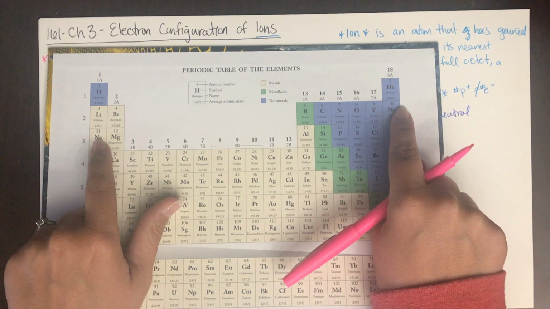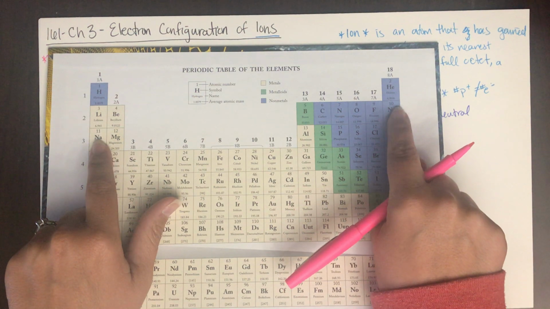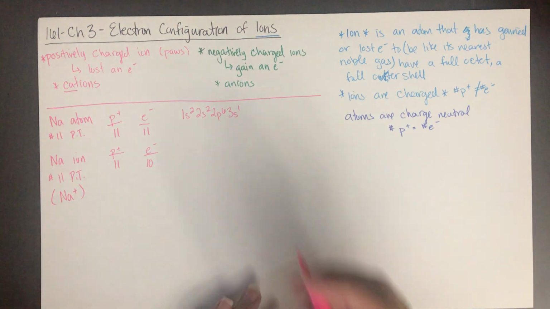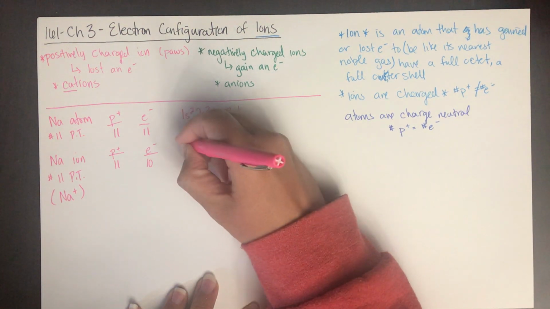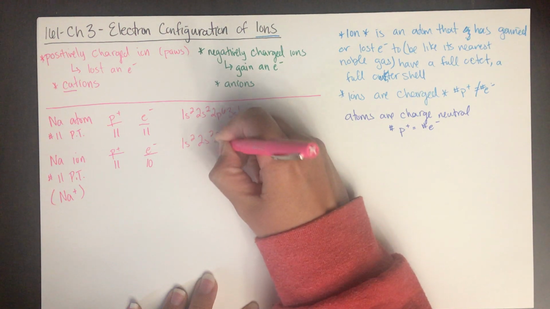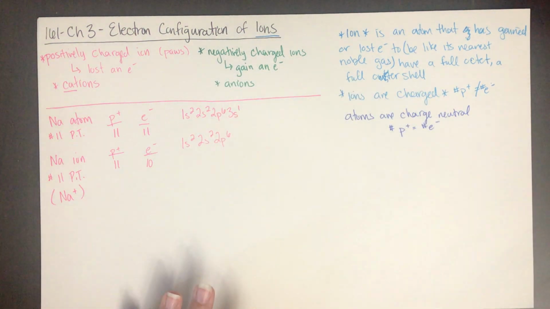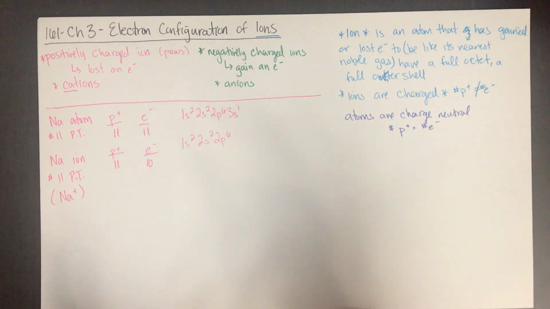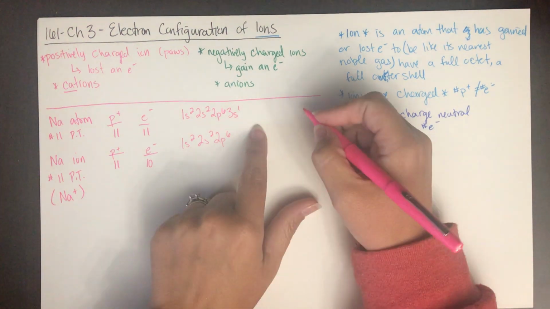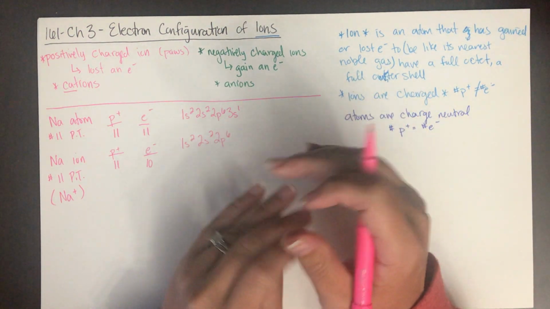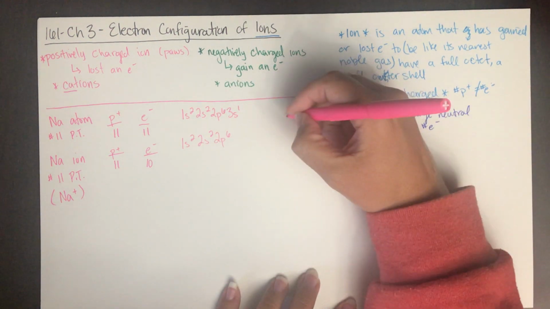So I'm going to write 1s2, 2s2, 2p6, and that's it. This has a full outer shell. I'm going to go one step further just to illustrate all of this. I'm going to draw a planetary model, which we know is not the best way to represent electrons, but just to show you.